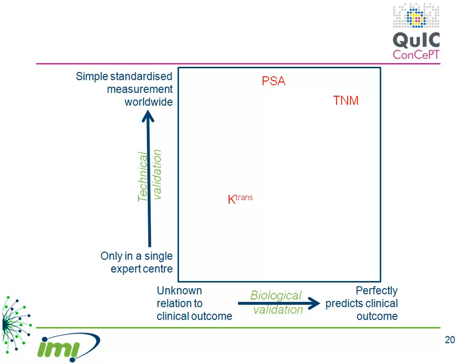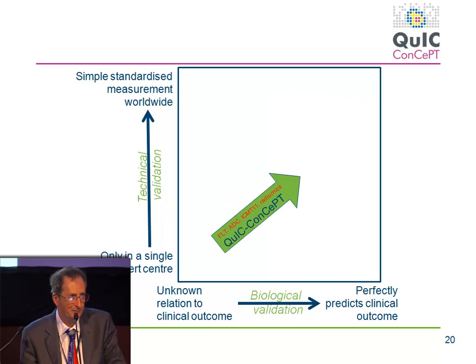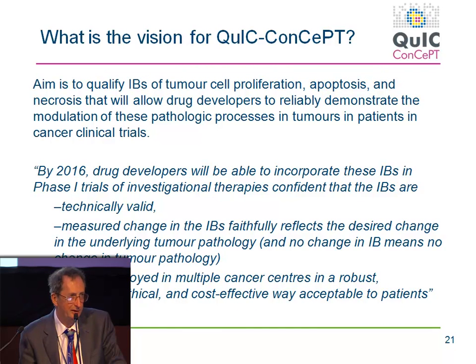And dynamic MRI is quite difficult to measure, and in terms of what it predicts about a patient is also quite problematic. So what QUIC concept is doing is taking some biomarkers which we have already discovered and established, and moving them into the middle of this place so that we can use them in drug development.